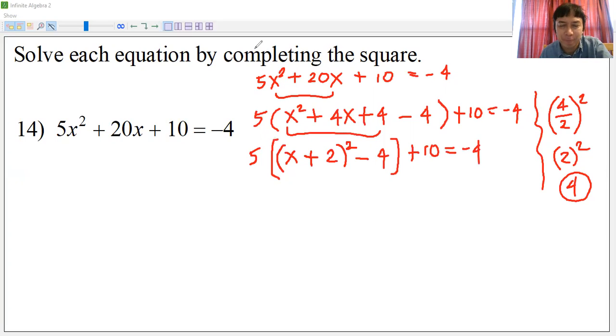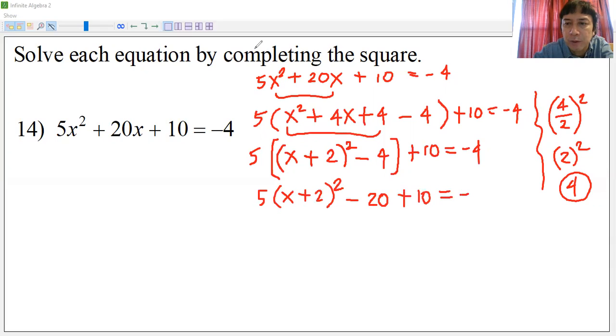Okay, so next thing to do is distribute the 5. Distribute the 5 to the binomial, and removing some grouping symbol, this will become 5 times the quantity x plus 2 squared, and this will have to go back minus 20 and plus 10 equals negative 4.